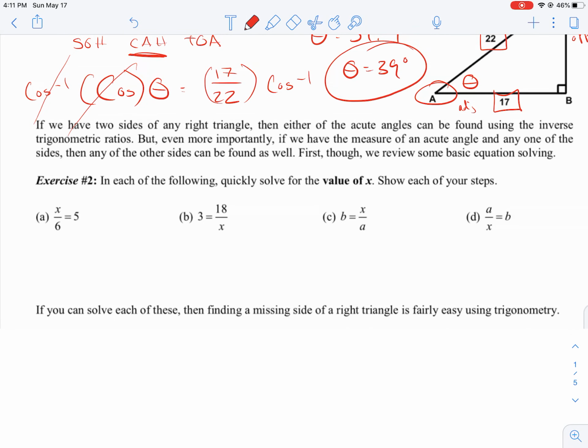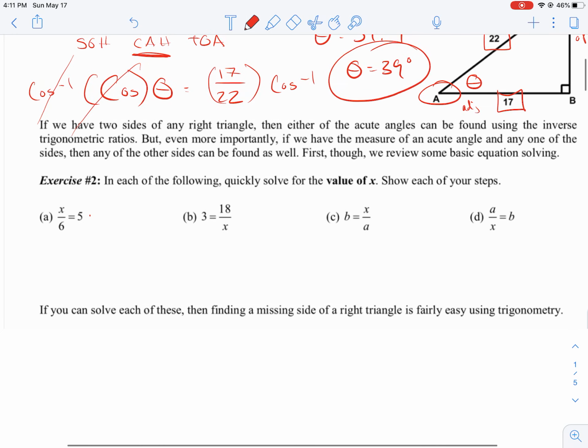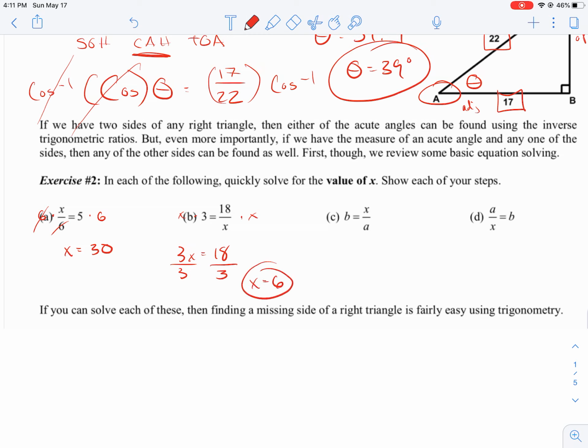If I wanted to solve for x here, I would multiply both sides by 6, cancel on the left, and x is equal to 30 divided by 6, which is 5. This one should be 6: 18 divided by 6 equals 3, but we're going to make sure we solve it correctly. So it's 3x is equal to 18, divide by 3, x is equal to 6.